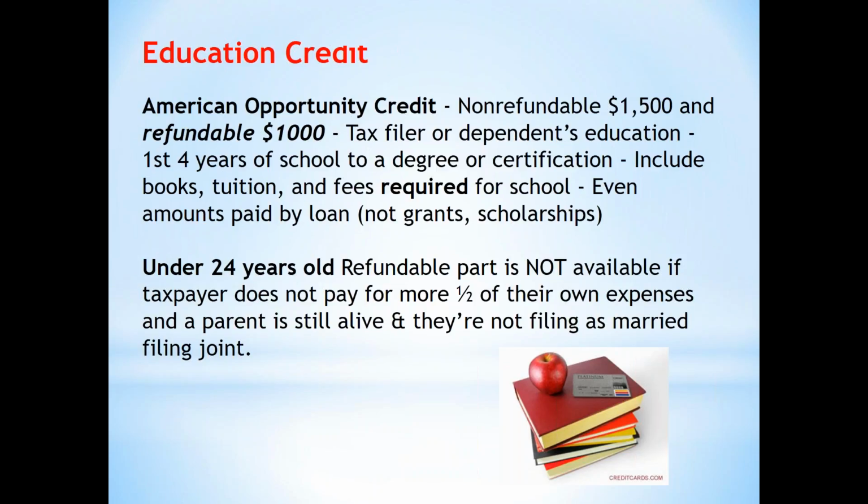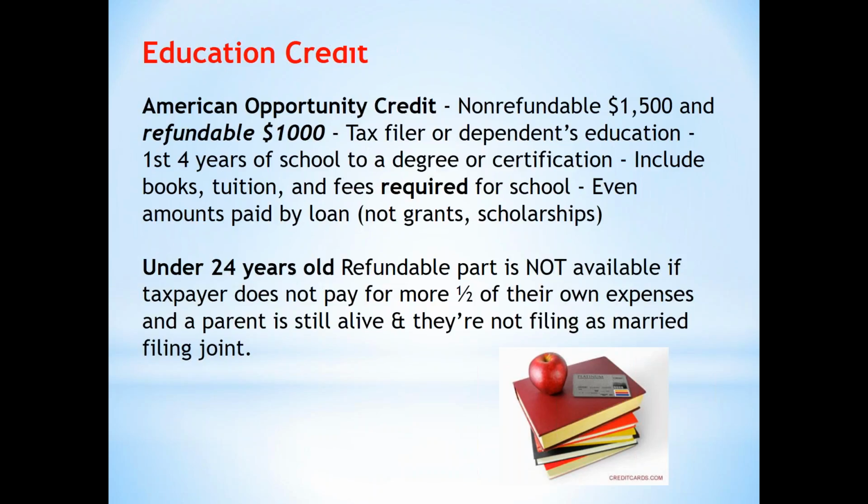One thing I do want to point out for the refundable portion is that if somebody is under the age of 24, that refundable portion is not going to be available to them. That's another reason why I like to point out that it's usually most beneficial for the person's parents to claim them.